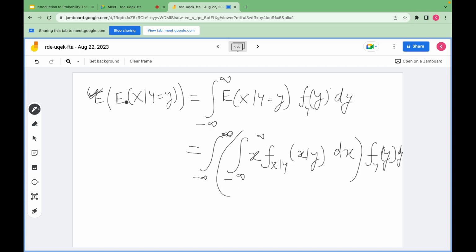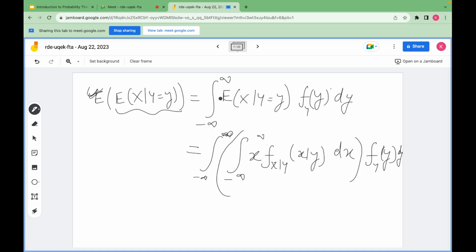So first we wrote the expectation for the outer expectation, where this was treated as a function of y. That's why we wrote the probability function for y, and then dy.